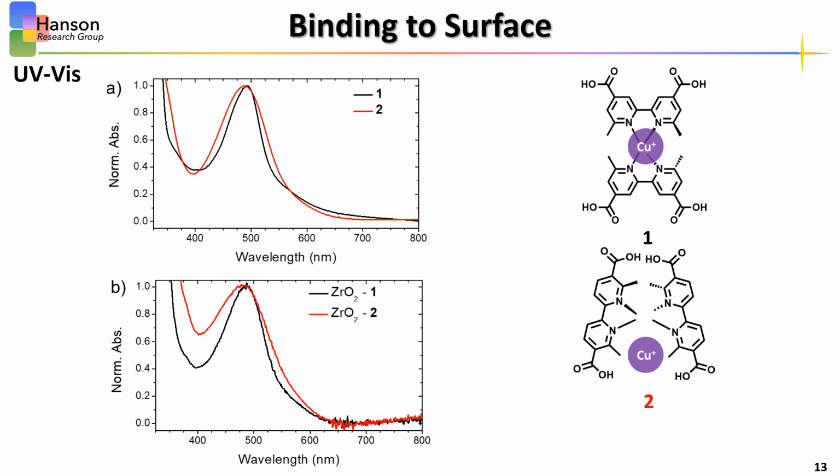So first, we need to bind them to the surface. We loaded them onto the surface by soaking a zirconium dioxide film in the methanol solution. On the top is when it is in solution.